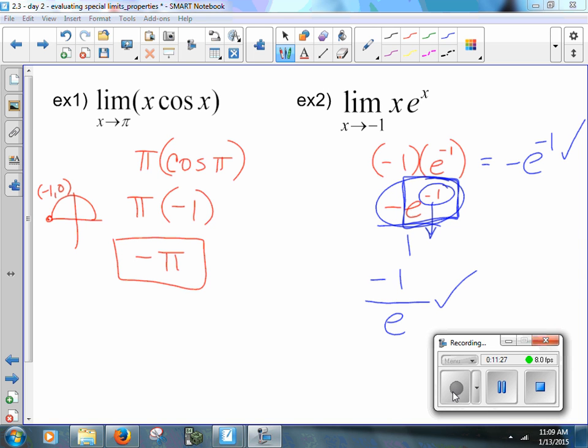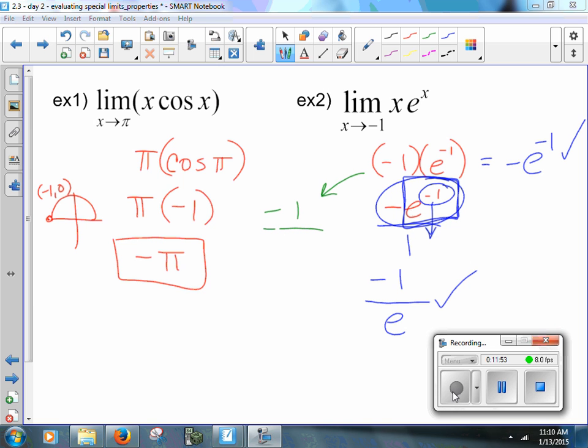Can you do the exponent in the first step? Like, go from here to here. Well, we would have -1 times -1 over e. Yes, but then you cancel.